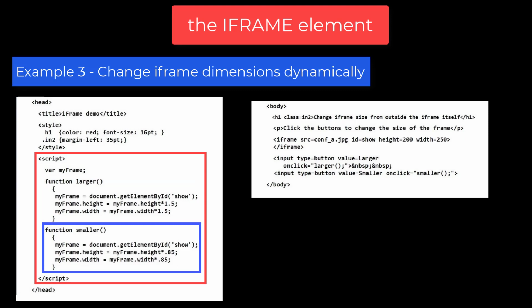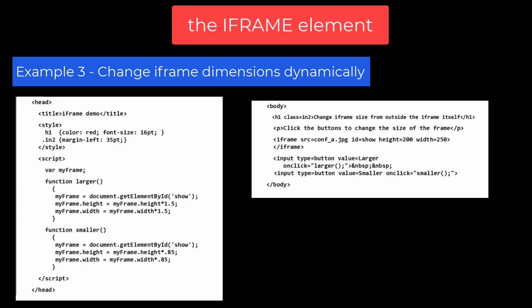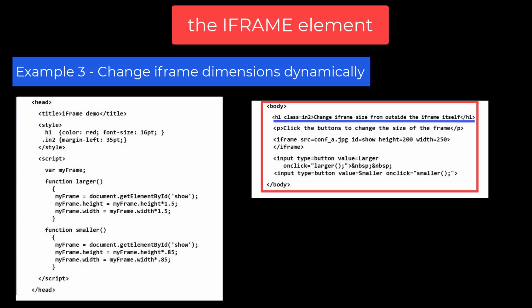Function smaller, on the other hand, same idea, but the height and width are multiplied by 0.85, so it makes them smaller.